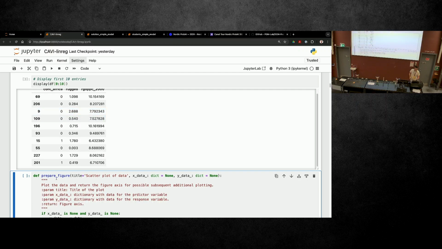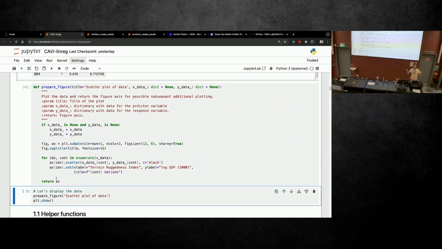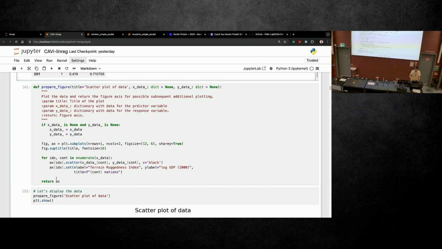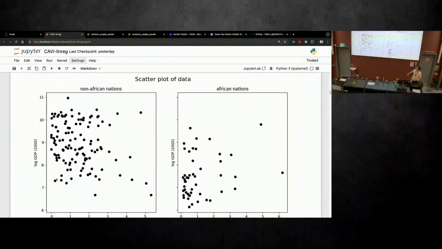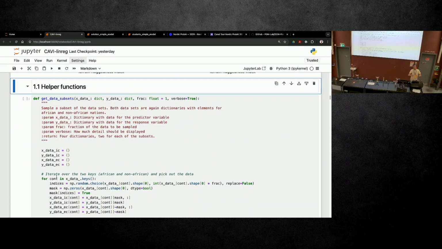Then we have prepared a bit of code for doing plotting. This is just some helper functions, not that interesting here. So this is a scatter plot of the data that we also had on the slides. Then we are going to play around with different subsets of the data just to see the effect of changing the amount of data that's actually being used.